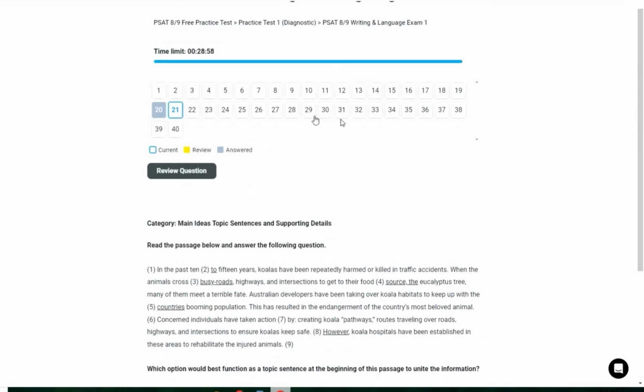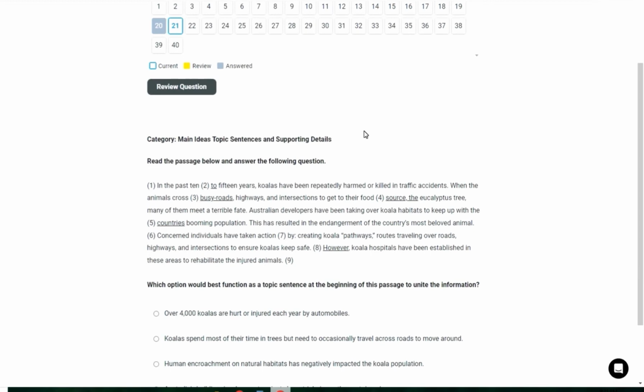So as we go into the next set, let's keep our heads up and let's get right into it. We're going to read the whole passage first and then we'll go through each of these. In the past 10 to 15 years, koalas have been repeatedly harmed or killed in traffic incidents. When the animals cross busy roads, highways, and intersections to get their food source, the eucalyptus tree, many of them meet a terrible fate.